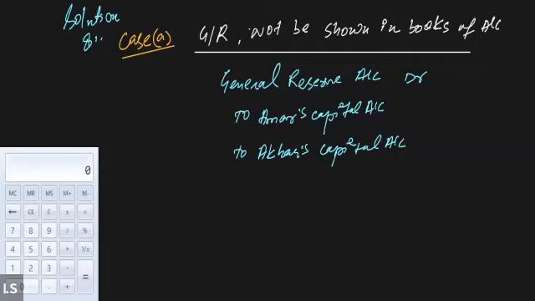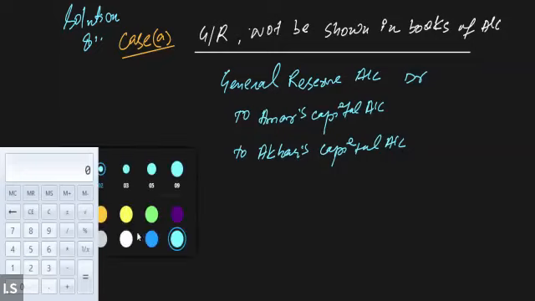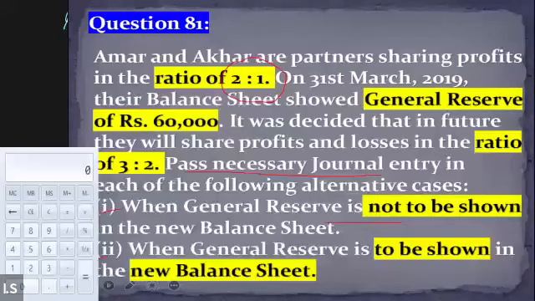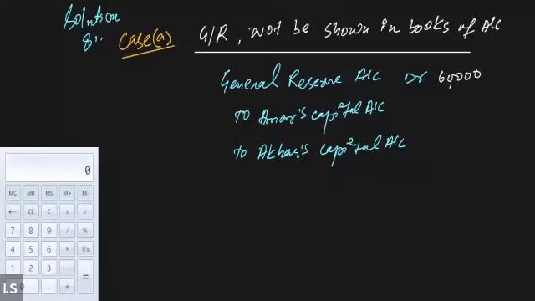Got it, everyone? Is this clear? Yes. The journal entry is clear to all of you. General reserve account will be debited, and since it is to be distributed among the partners, partners' capital accounts will be credited. The amount of reserve is how much? It is 60,000. So 60,000 will be distributed to Amar and Akhar in the old profit sharing ratio, which was 2:1.